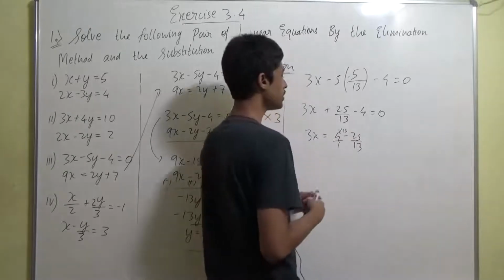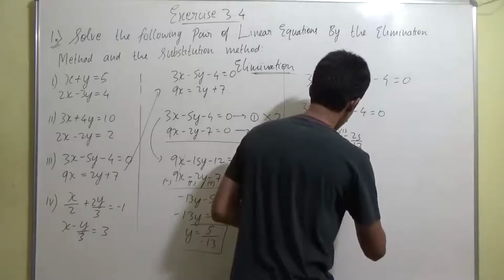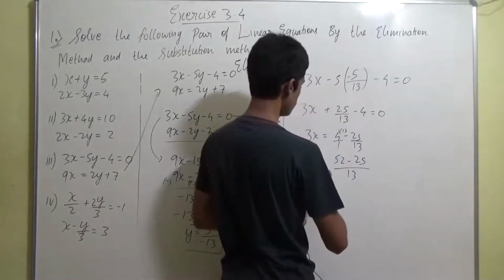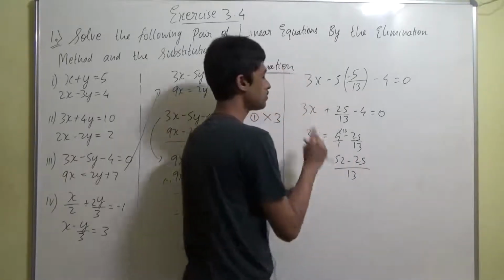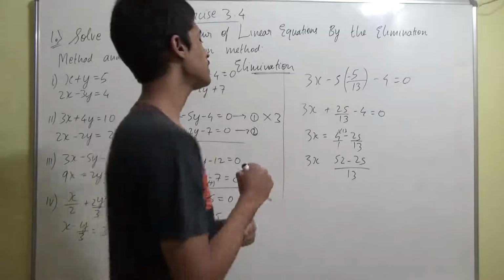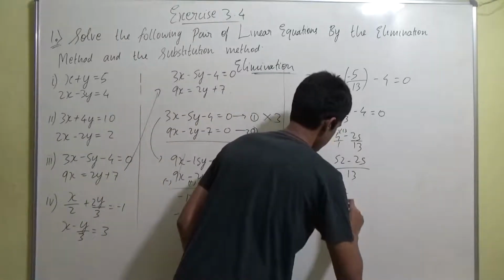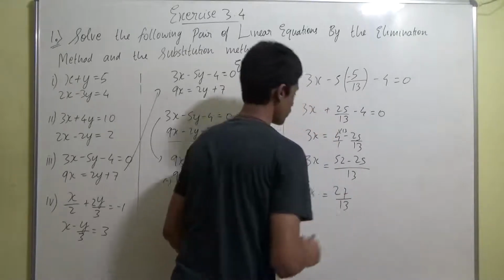So 13 into 4 is 52. So it becomes 52 minus 25 by 13, the value of 3x. Right, so 52 minus 25 is 27. It becomes 27 by 13 equal to 3x, right? 3x equal to 27 by 13.